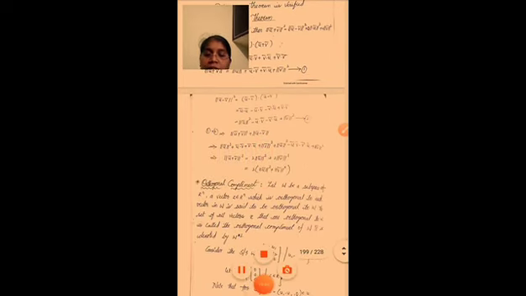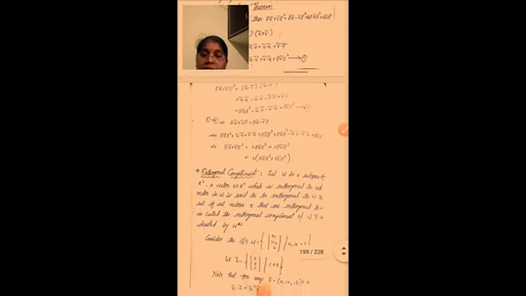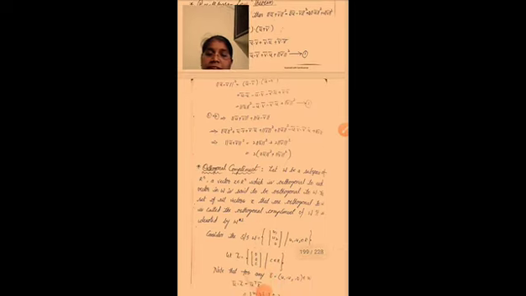So next, orthogonal complement. Let W be a subspace of R to the power of n. A vector Z belongs to R to the power of n which is orthogonal to each vector in W is said to be orthogonal to W. The set of all vectors Z that are orthogonal to W is called the orthogonal complement of W. It is denoted by W complement.